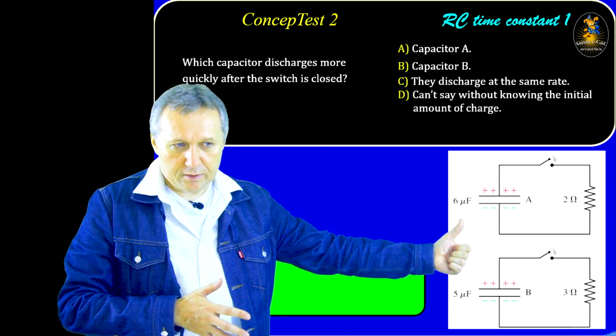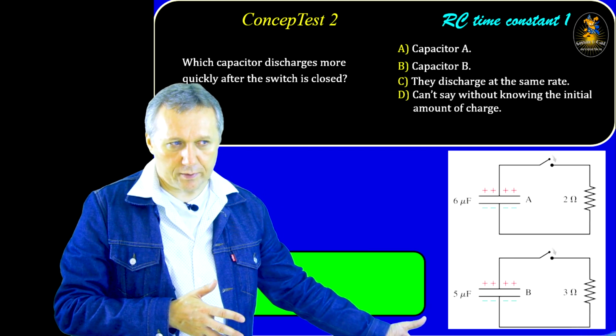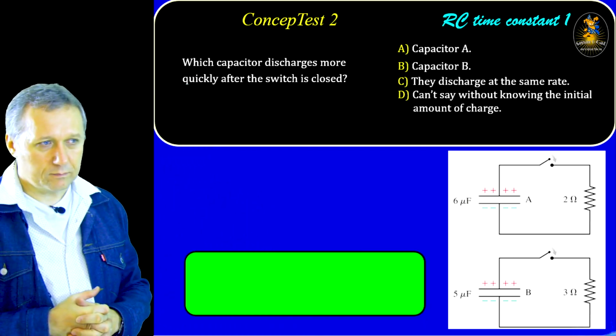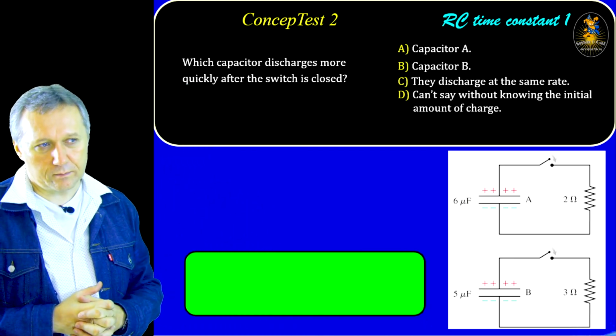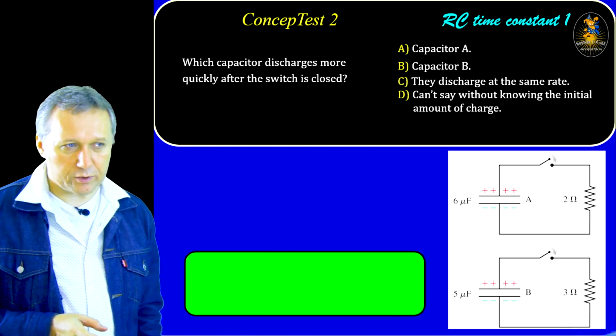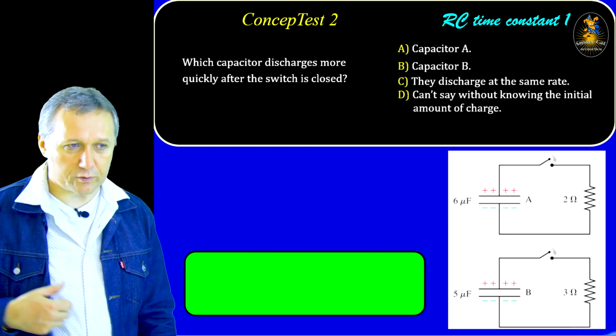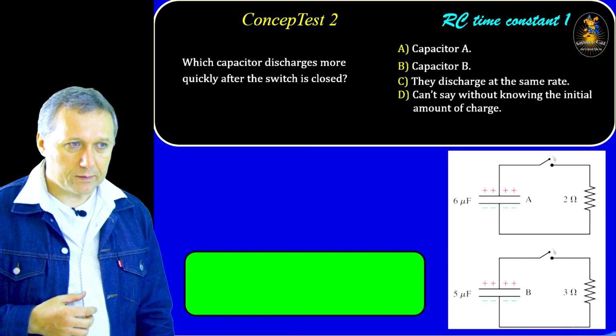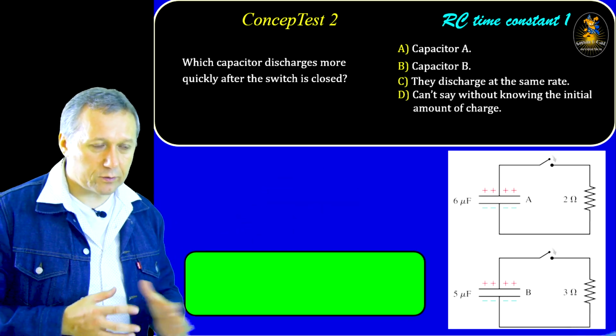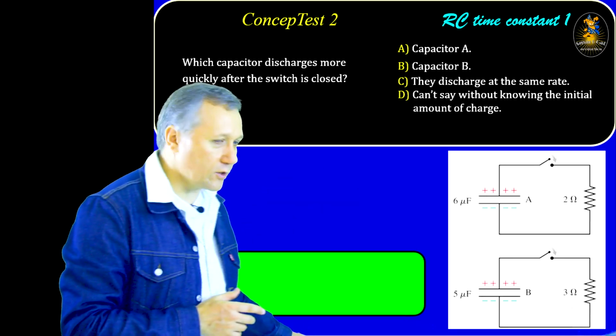Capacitances are given, 6 microfarad, 5 microfarad. So which capacitor discharges faster when the switches are closed? Of course, closed at the same time. So give it a try. Which capacitor discharges faster?